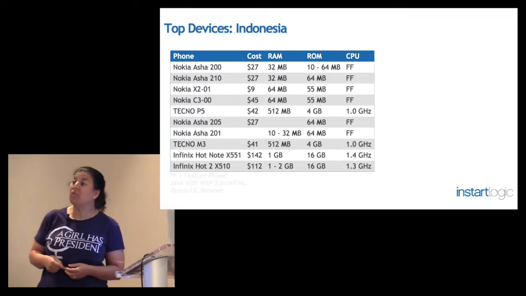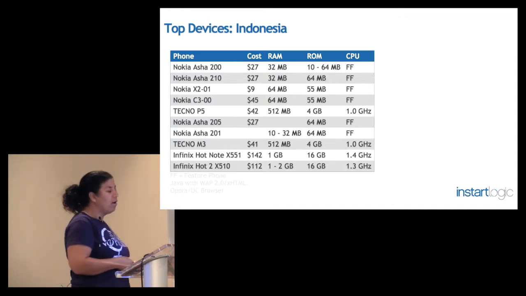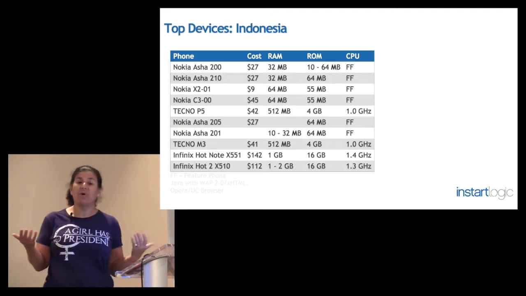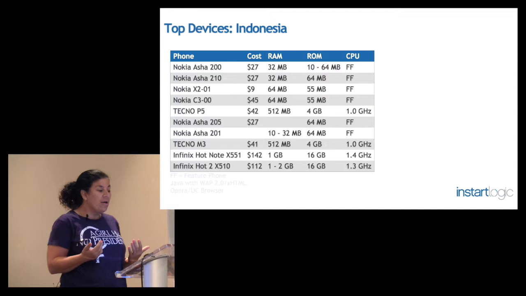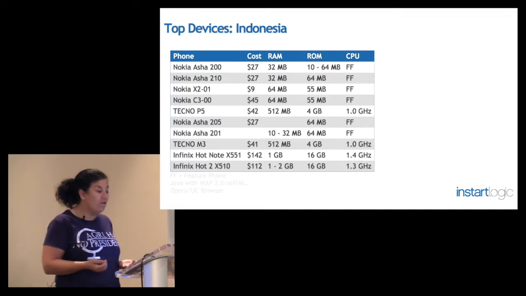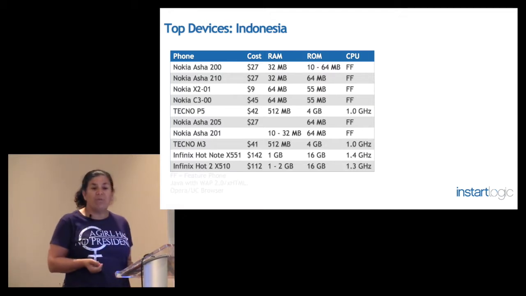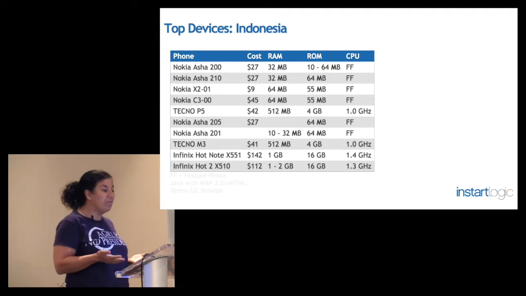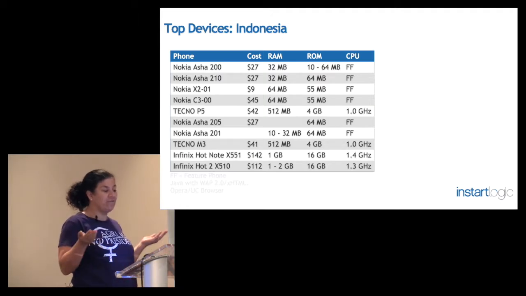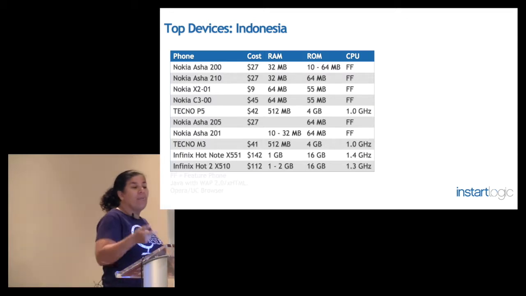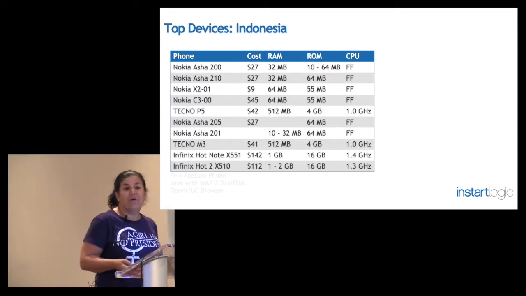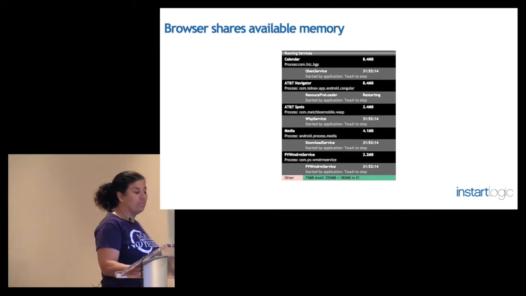Their highest-end phone, which some people can afford in the $100 range, is a smartphone, but it has 1 to 2 gigs of RAM, a 16 gigabyte hard drive, and 1.3 gigahertz. But most people's phones have 32 to 64 megs of RAM. Your application might be using up more than that. You're going to crash the phone.